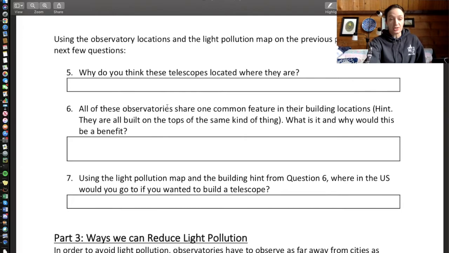So number 6, all of these observatories share one common feature in their building locations. Hint, they're built on the tops of the same kind of thing. What is it, and why would this be a benefit? So if you don't know or you don't have an idea, you can look it up on Google, probably.